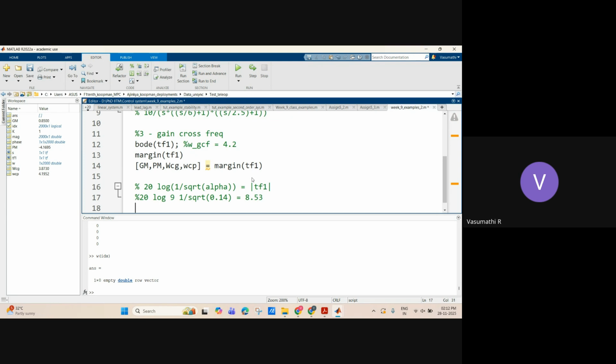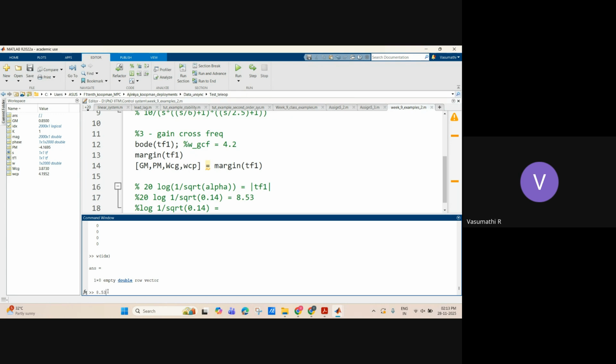So from this, you have to find this value. I will take 20 here, log 1 by sqrt of alpha, 0.14, is equal to 8.53 by 20. 8.53 divided by 20, how much am I getting? 0.425.